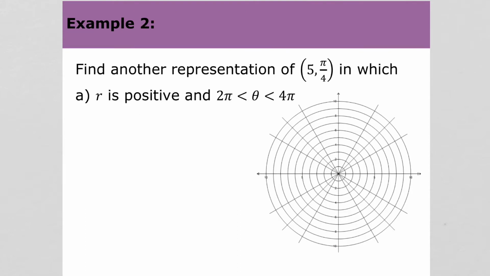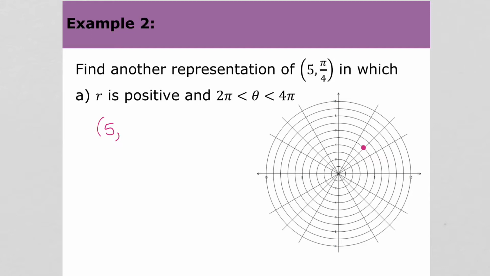So if we want to look at the point 5, pi over 4, first we'll graph that. It's right here. And it says find another representation in which r is positive, but theta is between 2 pi and 4 pi. So r is positive, so r can still be 5. But we need theta between 2 pi and 4 pi.